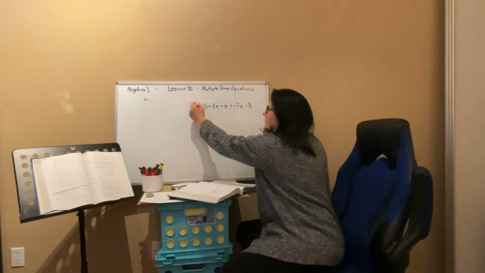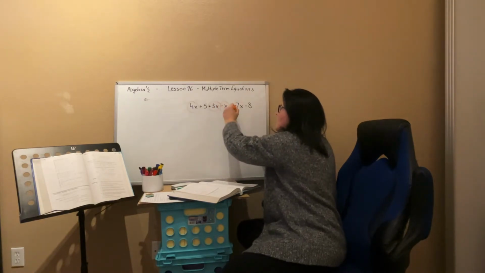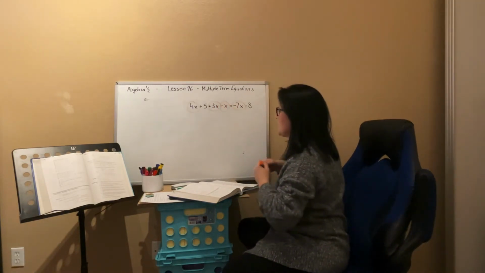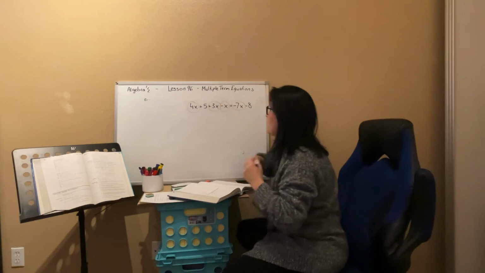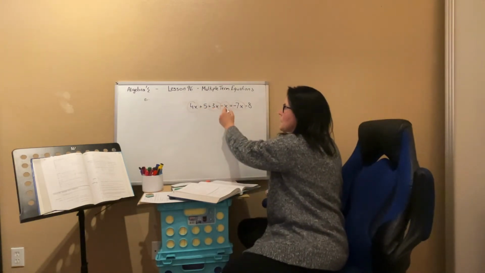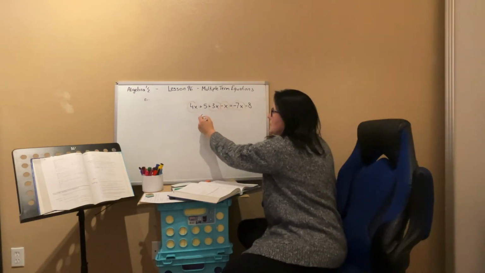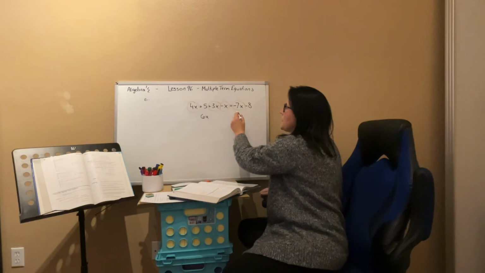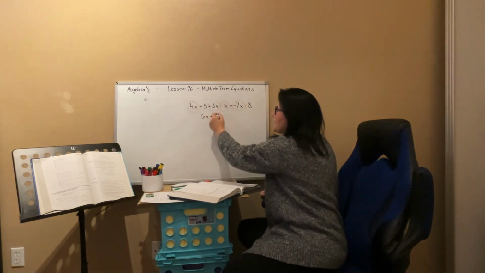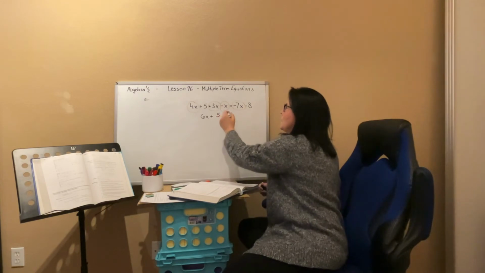So there's some x's, there's some x's, there's some x's, and there's some x's. So let's see how many x's we have on the left side. So we have 4x plus 3x makes it 7x, minus 1x makes it 6x. And on this side, plus 5. You always want to go step by step, and then you go from there.